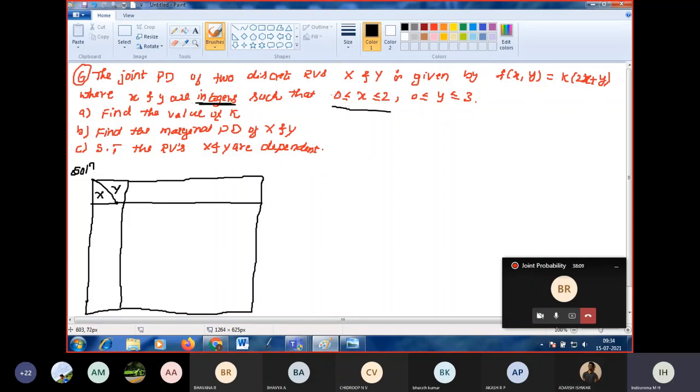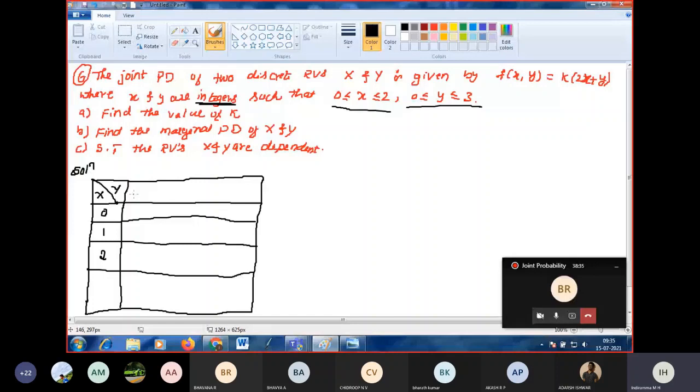What are the integer values from 0 to 2, including 0 and 2? 0, 1 and 2. Next, what are the y values? Between 0 and 3, the integer values including 0 and 3: 0, 1, 2 and 3.